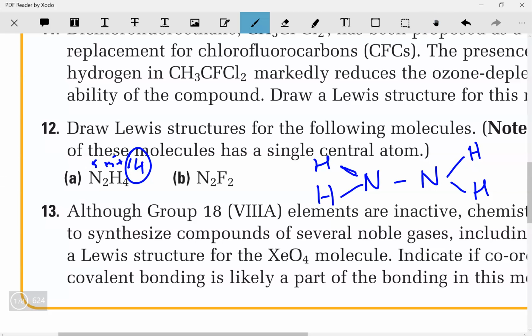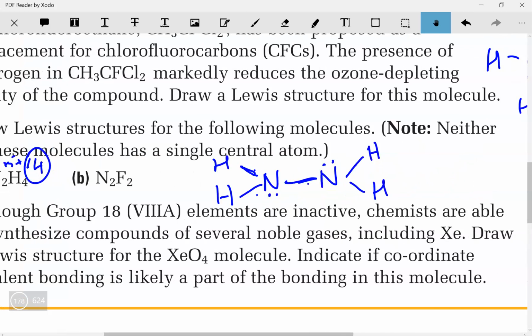We start off where it's symmetrical. We prefer those things to happen. But now we needed 14, right? So 1, 2, 3, 4, 5, 6, 7, 8, 9, 10, 11, 12, 13, 14. Does each nitrogen have 8? Yes, it does. What is the formal charges? Each 0, 0, 0, 0. So this is probably the perfect structure for N2H4.